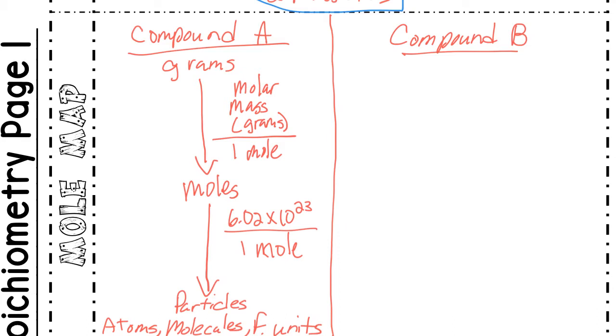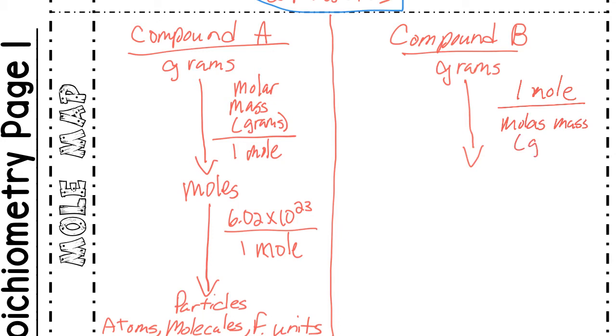Well, in a problem, we may have compound B, and we're given grams. And of course, I could convert the grams to the number of moles. This time I'll put 1 mole on the top, because remember we can flip these whatever way we need them to. And I can have molar mass on the bottom. You're going to need to grab your calculator, because the unit for molar mass is going to be grams.